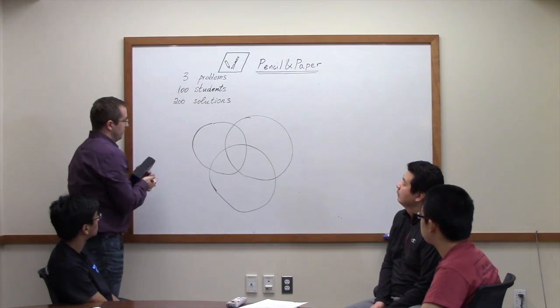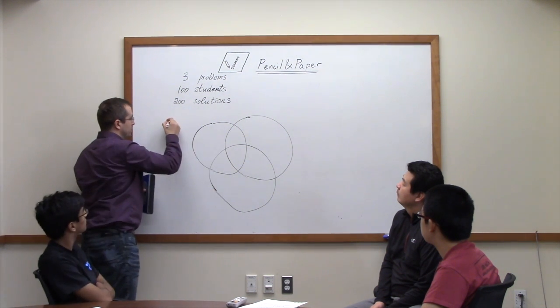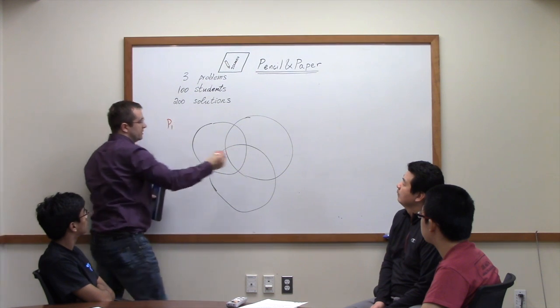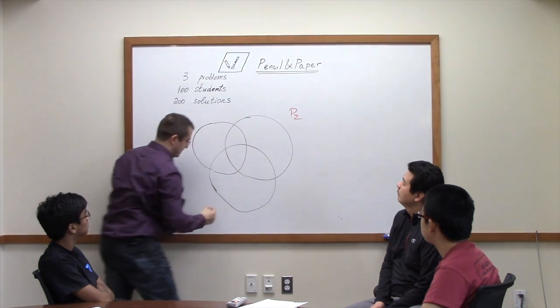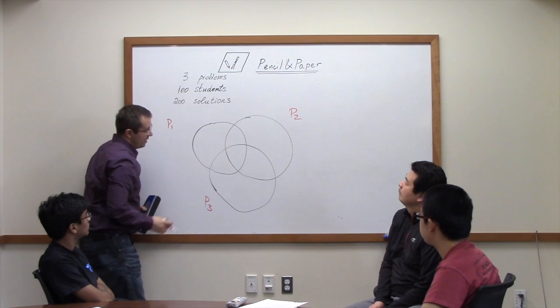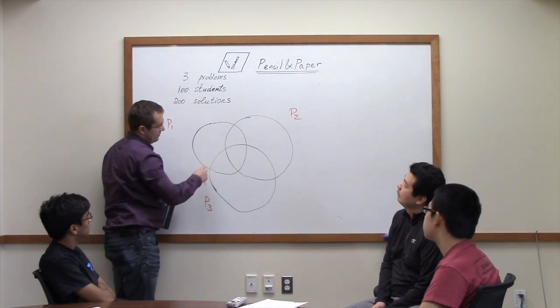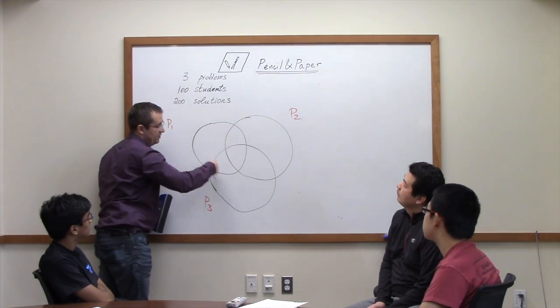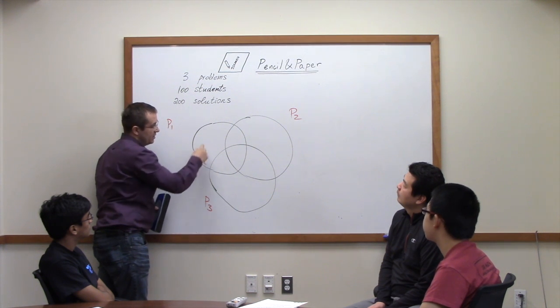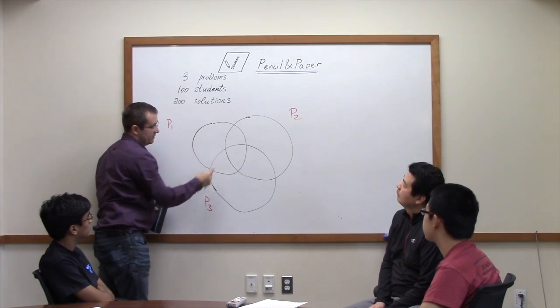This will be problem 1 solved by participants, this is problem 2, this is problem 3. And the Venn diagram makes a partition of each of these sets, so we can mark each of these partitions separately.